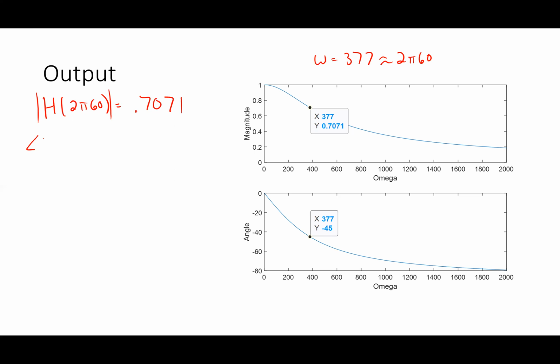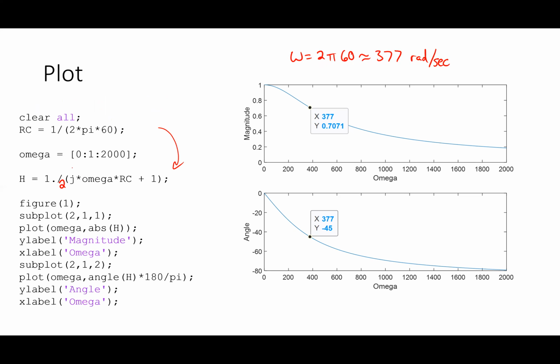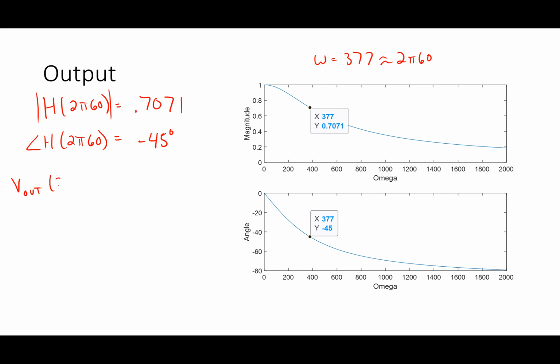And the angle at that frequency is equal to negative 45 degrees. So that tells me that V out at 2 pi 60, the Fourier transform at that frequency, is 0.7071 e to the negative j 45 degrees times the Fourier transform of the input at that frequency.